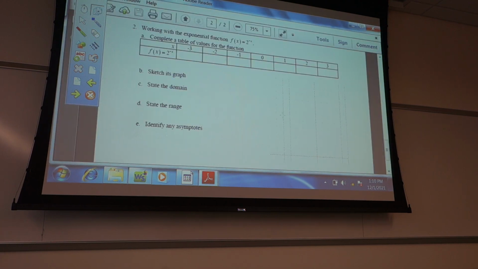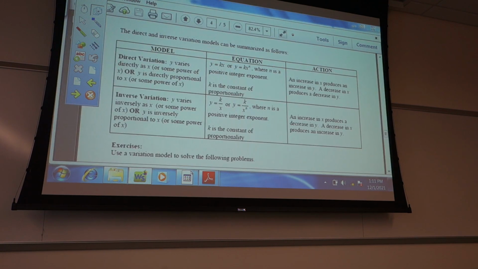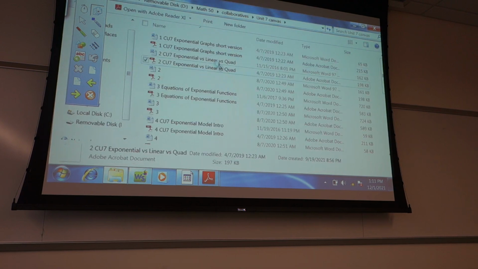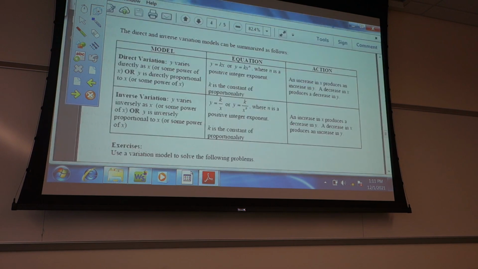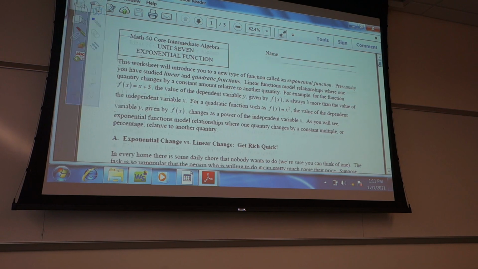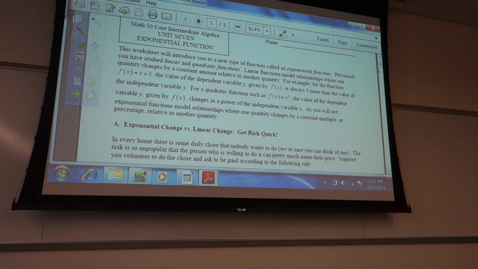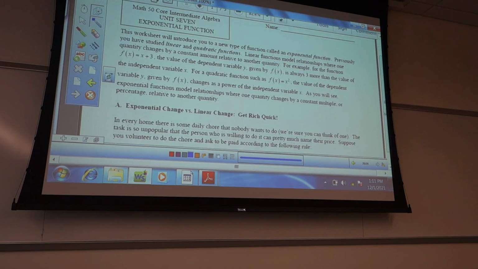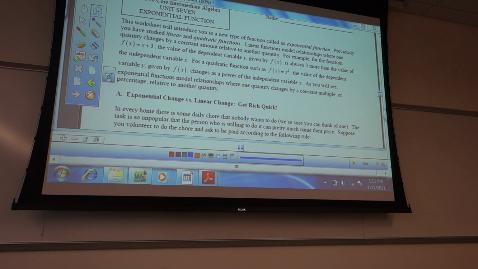Okay, so now we're going to take a look at the next handout, which is exponential versus linear versus quadratic. So we're going to introduce ourselves to a new type of function called an exponential function. Previously, we learned about linear and quadratics.